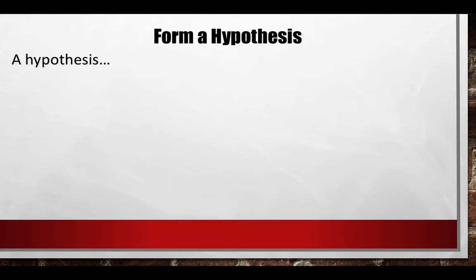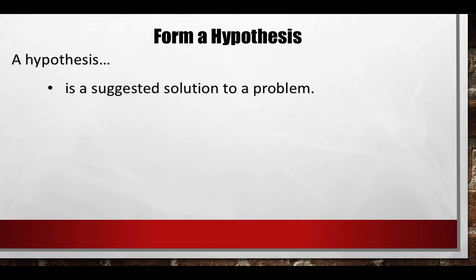Now, a hypothesis has several characteristics to it, and all of these are really, really important. You need to know these different elements. So first of all, a hypothesis, as we said, is a suggested solution to a problem.